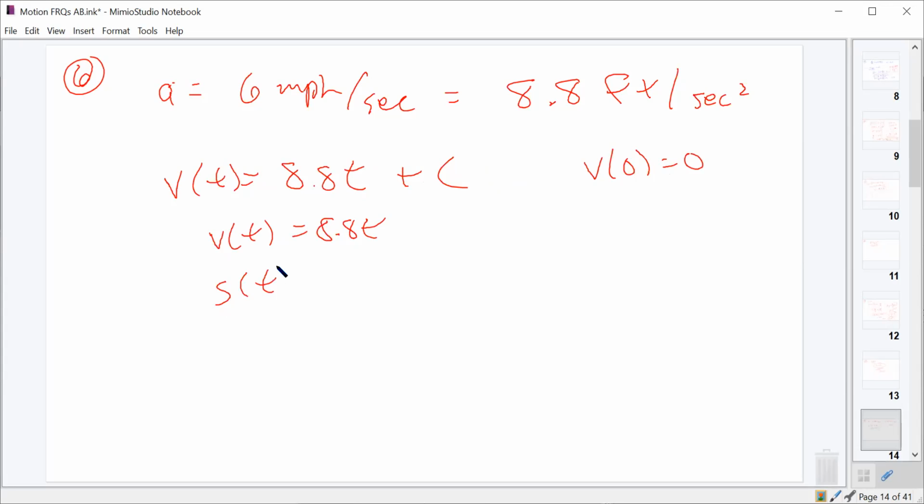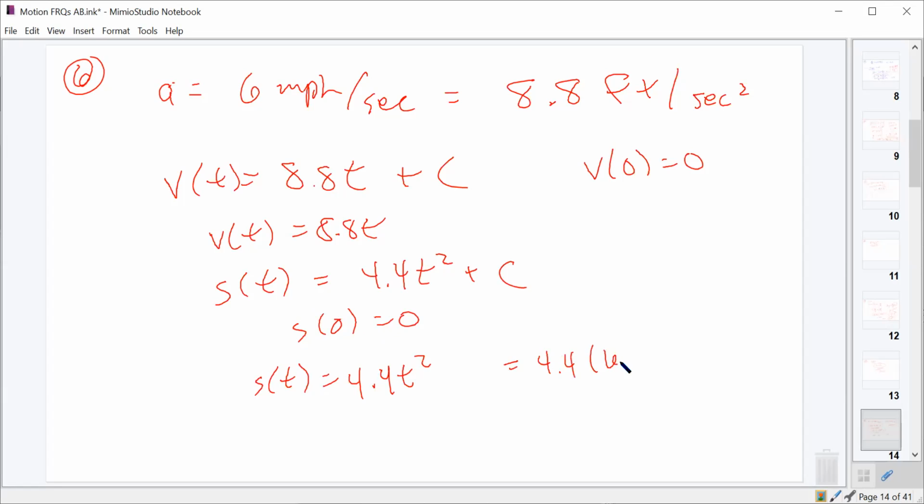So the position function will be the integral of that, which will be 4.4t squared plus some other constant. And if the position at 0 was 0, then our position is 4.4t squared. And if we want to know where it is after 10 seconds, we just plug in 10, which should give us 4.4 times 100, or it has traveled 440 feet.